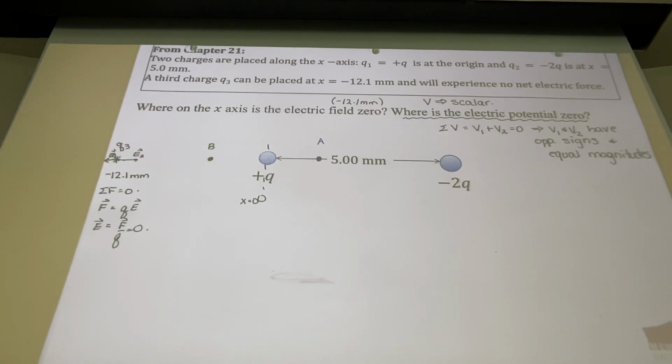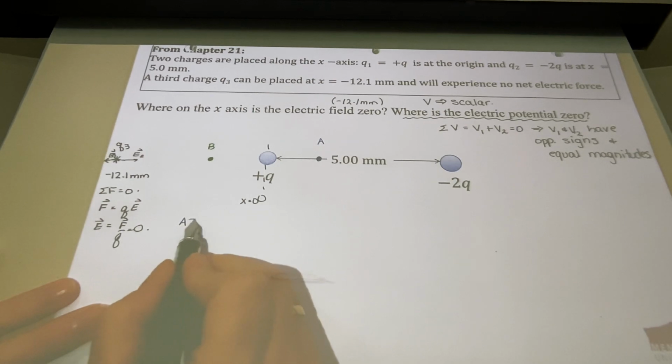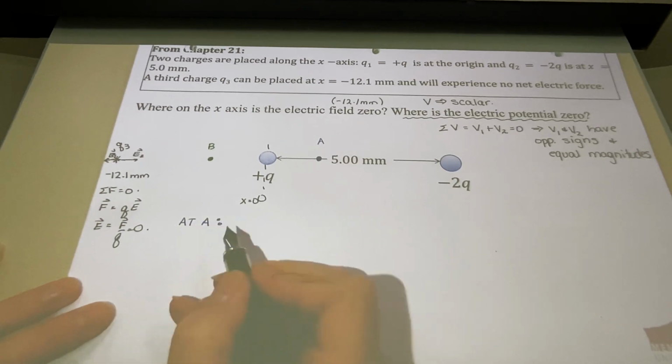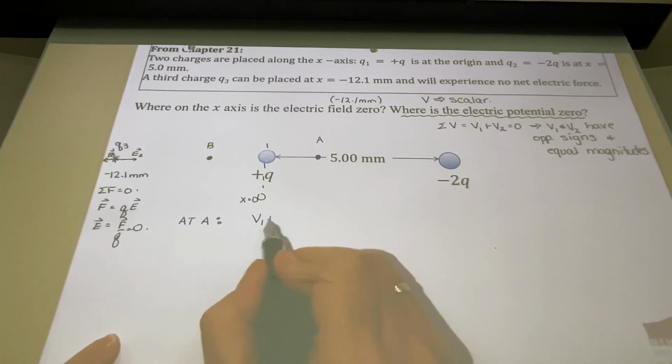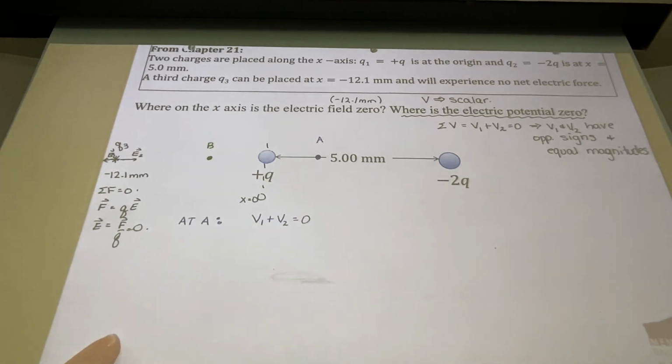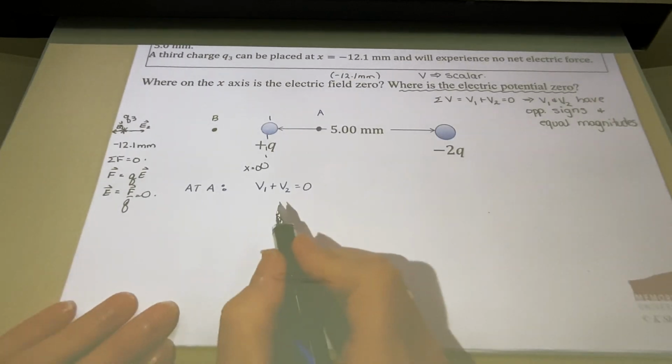So let's go through each of them. We'll go through A first. So at A, V1 plus V2 equals 0, because that's the condition we have, whereas the total electric potential equals 0.